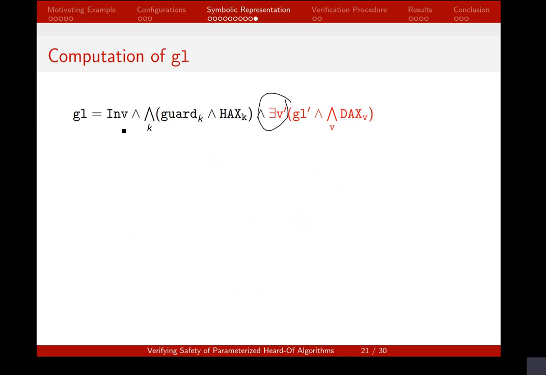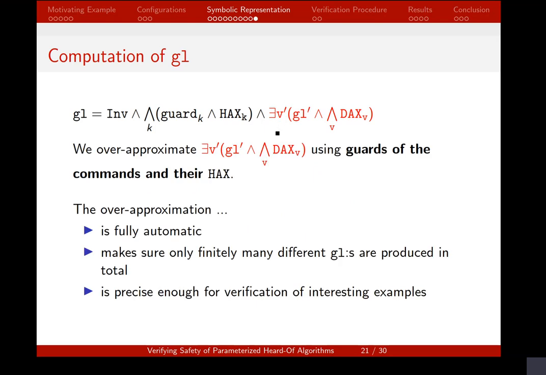In our programs, we will have only finitely many invariants, finitely many guards, because the commands are finitely many, and finitely many axioms. But the red part, because of its existential quantification, might produce infinitely many predicates. We want to avoid this because we want to ensure termination. So in order to overcome this issue, we over-approximate the red part by doing predicate abstraction using guards of the commands in the program.